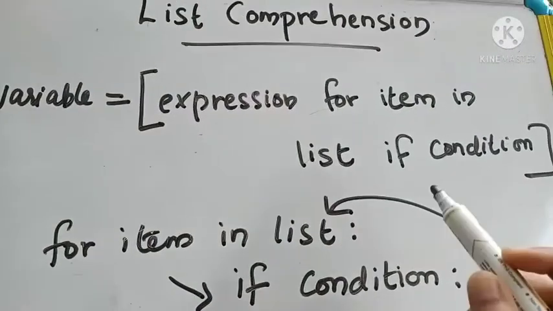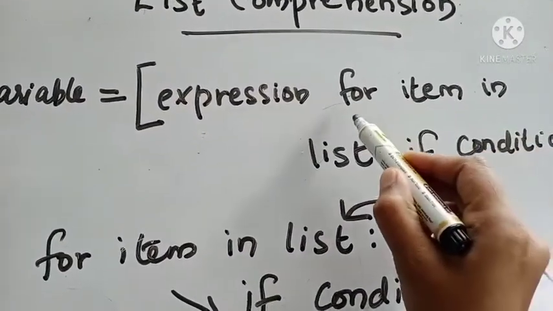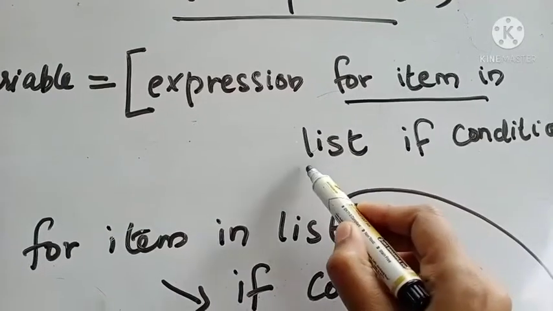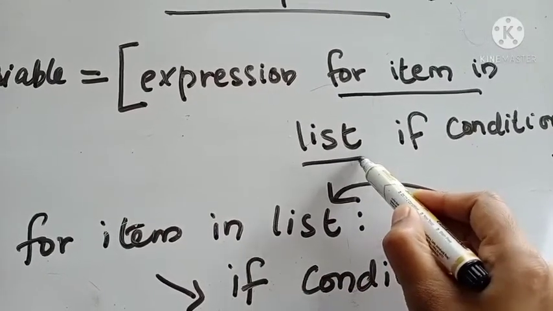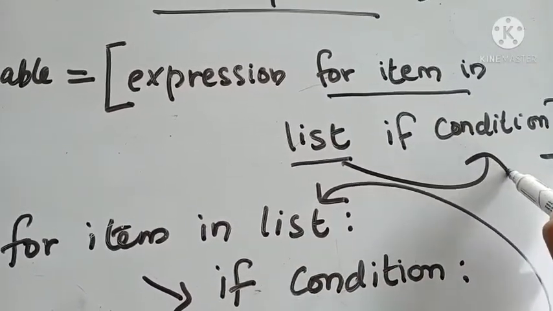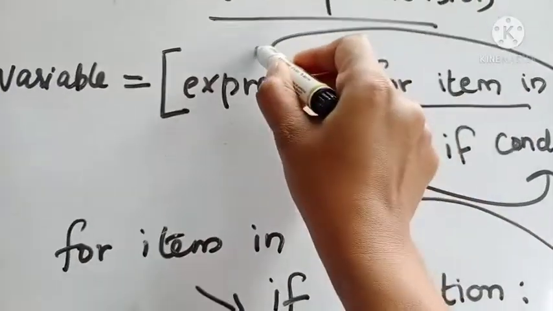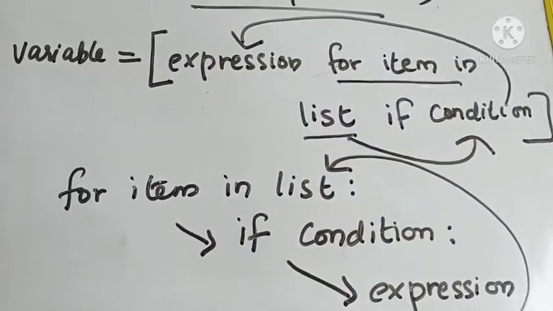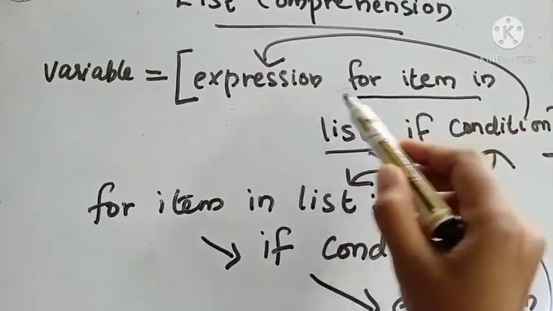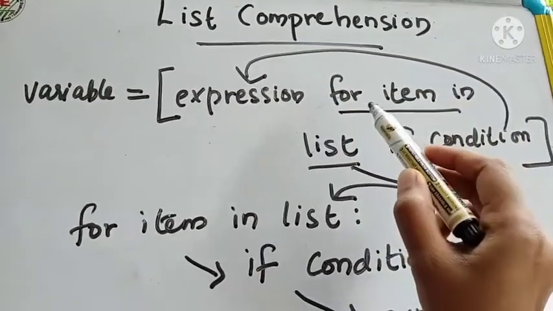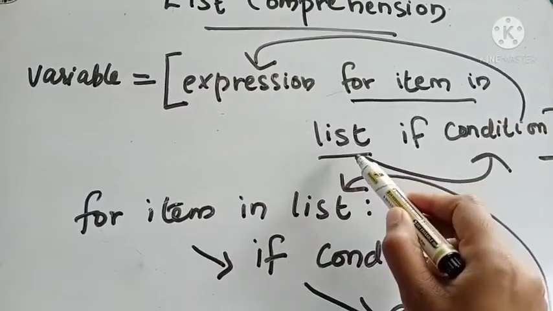So the same thing is happening here. It will evaluate the for loop first, and after that, if the condition is true, it will check the if condition. If the condition is correct, it will come here and evaluate the expression. Let me repeat once again. In list comprehension, the for loop works first.